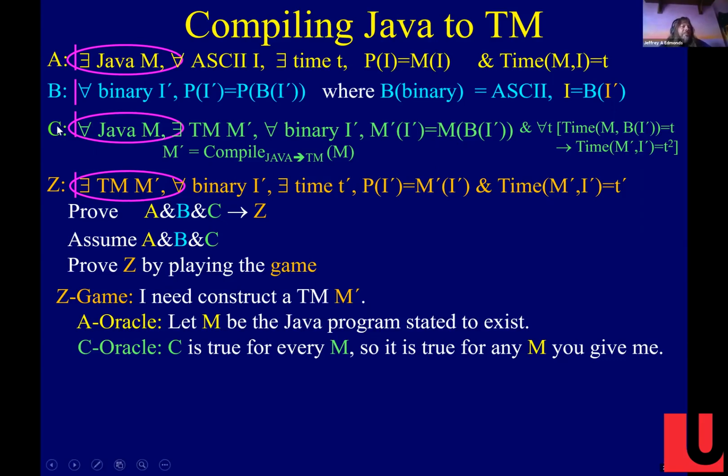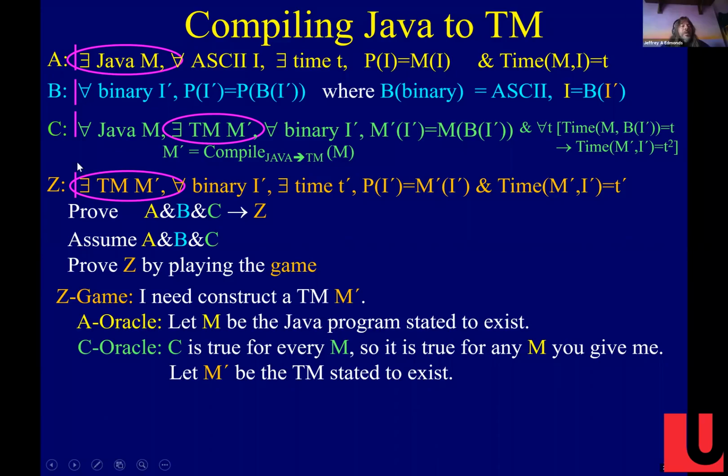So I go to my friend C because I know my friend C can compile Java programs into Turing machines. And C is saying something's true for every Java program, and now I have a Java program. So I give the Java program that A gave me to C, right? If C is true for every Java program, it's true for the Java program that A gave me.